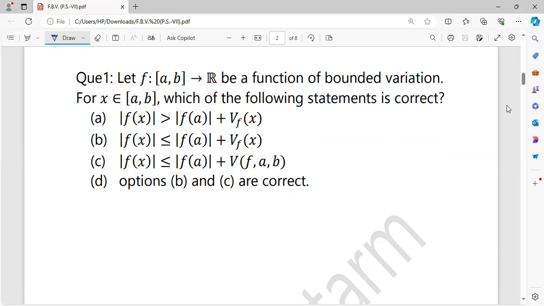Second option: absolute value of f(x) is less than or equal to absolute value of f(a) plus Vf(x). Third option: absolute value of f(x) is less than absolute value of f(a) plus total variation of f. It means variation of f. So option D is options B and C are correct. So let's check it.